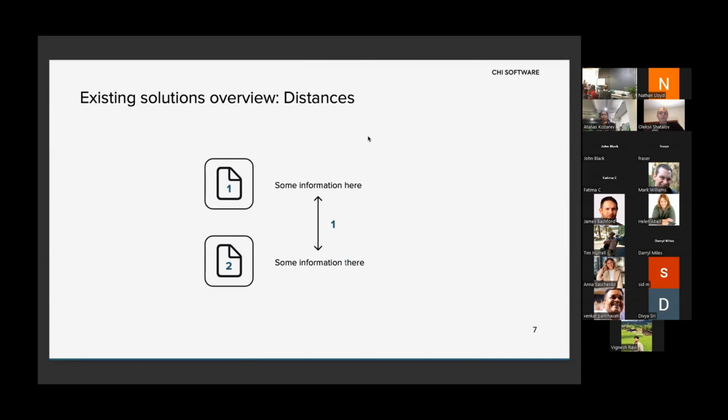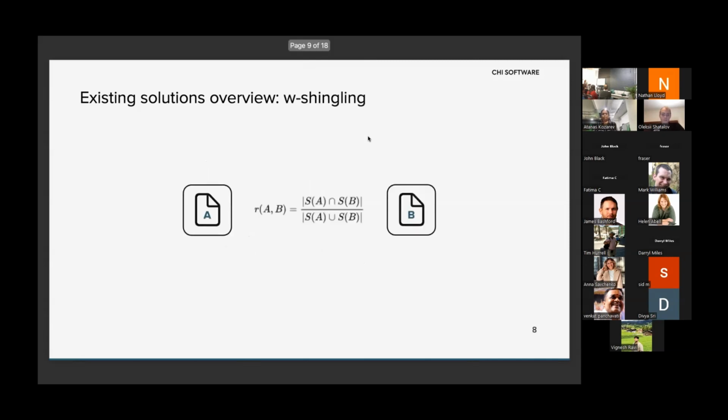For example, here we see the distance 1, where we have some information here and some information there. We see that in the second part, we have added the letter T, which caused the distance measure to be 1.